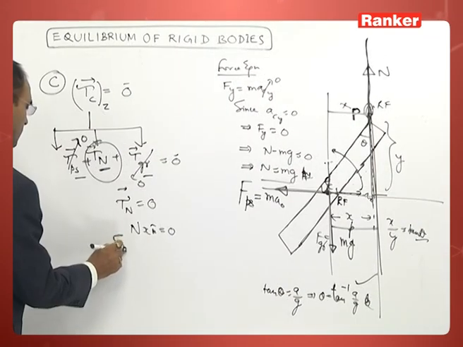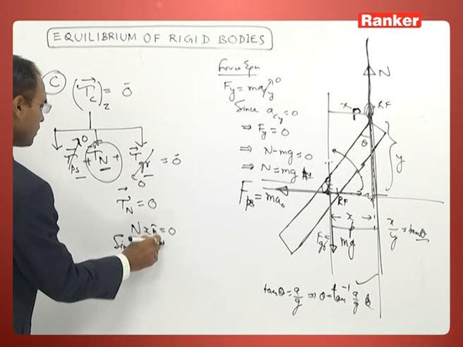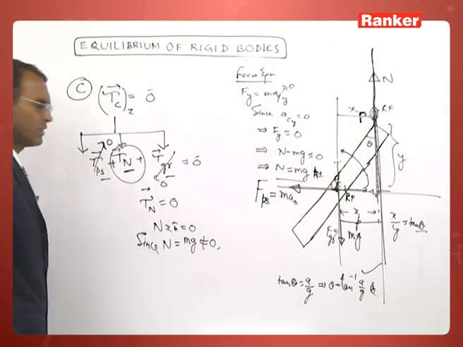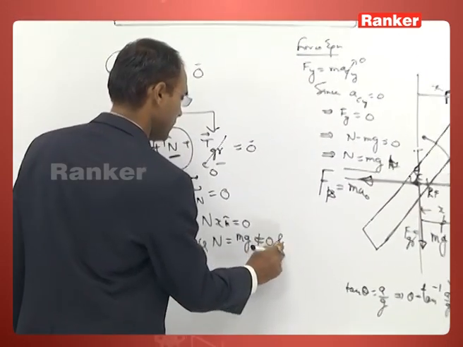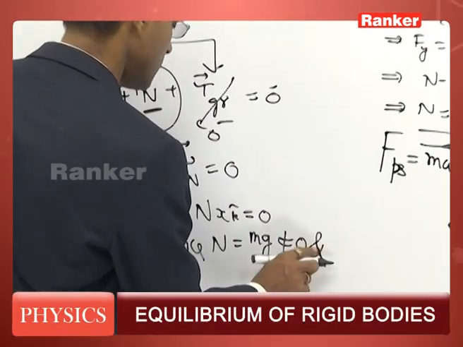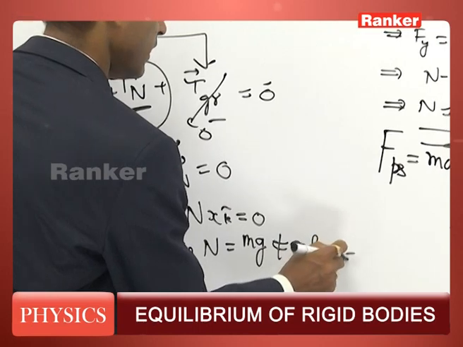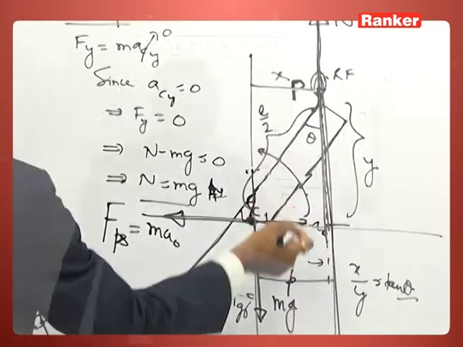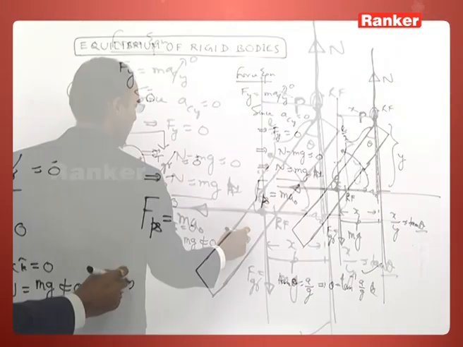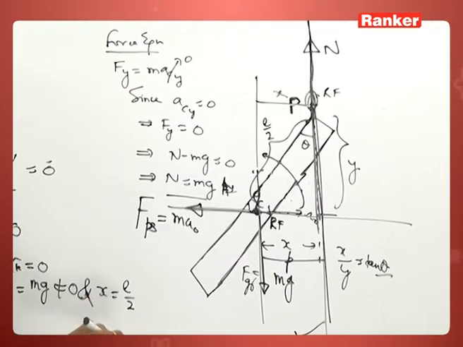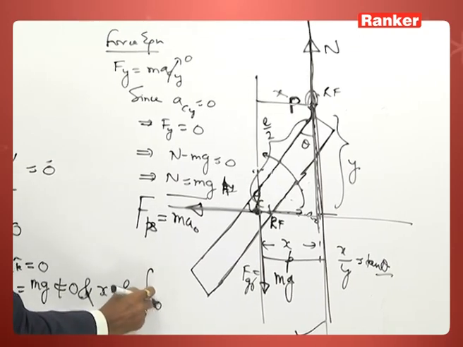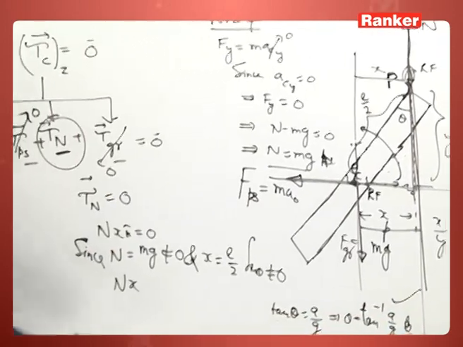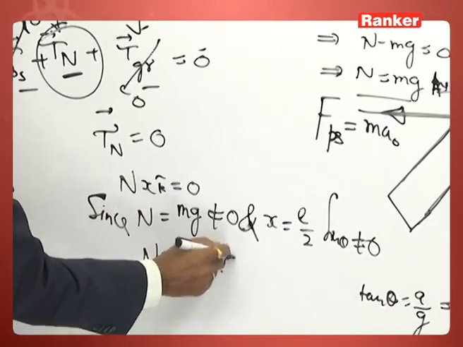Net torque Kf is equal to 0. Since n is equal to mg, which is not equal to 0, and x is equal to L by 2 sin theta, which is not equal to 0, n into x cannot be equal to 0.